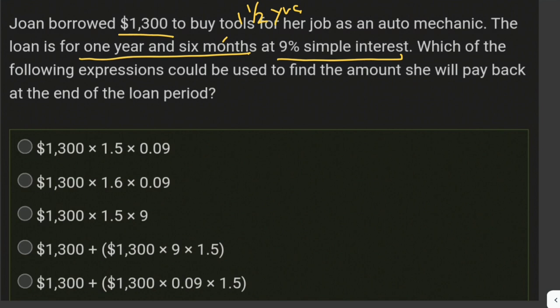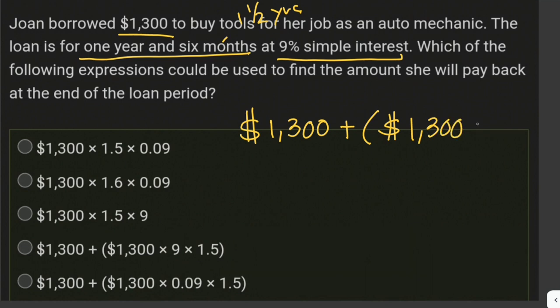So the amount that she will pay back is just the original amount that she borrowed, which is $1,300, plus that amount multiplied by the interest and the number of years, times 1.5 years times the interest of 9%.